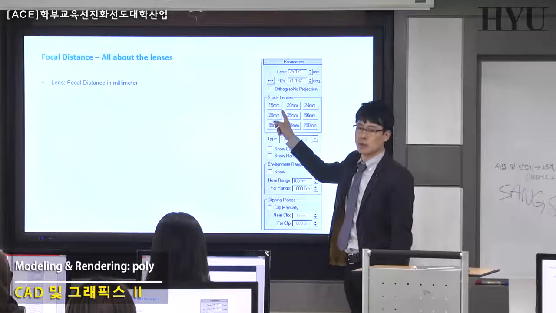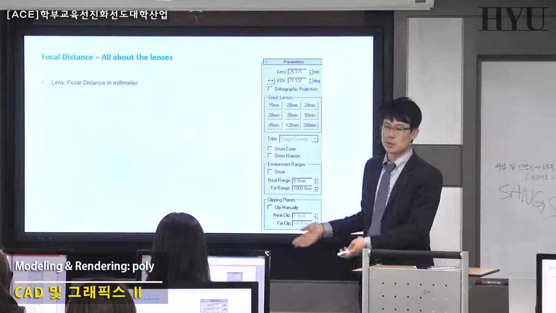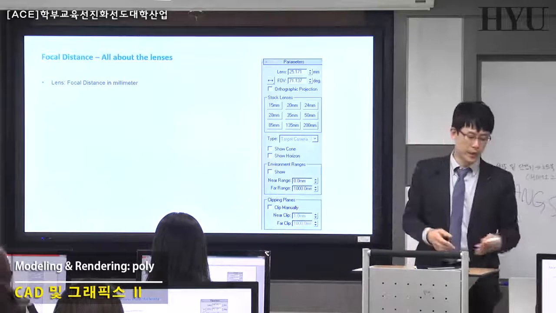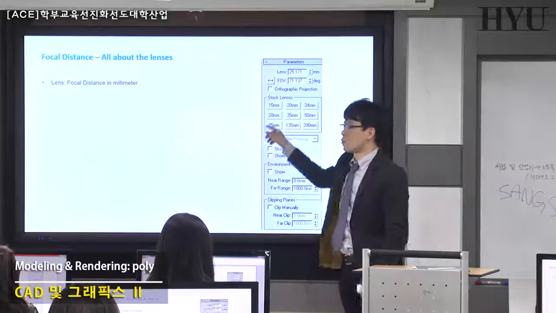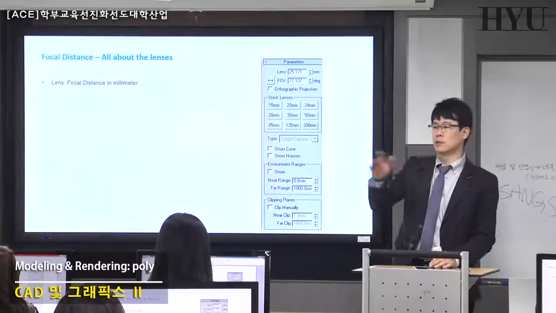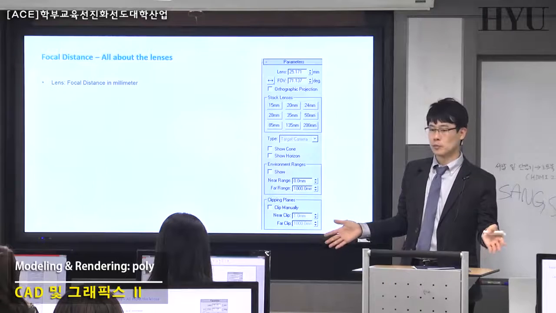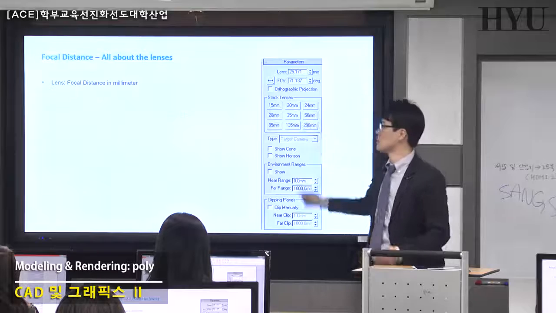But this is a wide lens. This is very effective for designers, architects, interior architects, okay? Because by using this lens, we can take the entire scene of that room in one single shot. Anyway, this is focal distance.